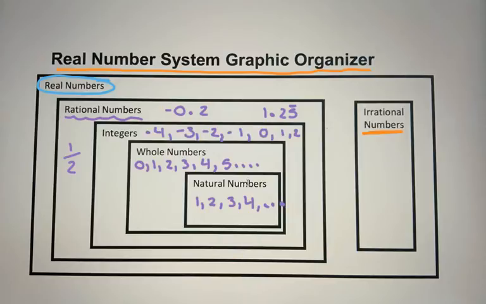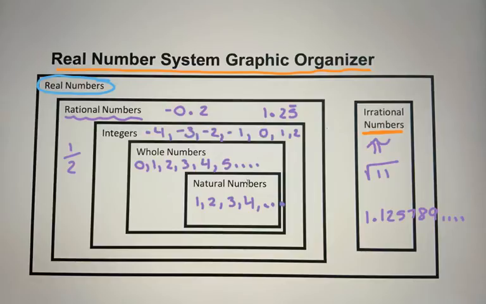Over under irrational, we have pi, non-perfect squares, so like the square root of 11, or decimals that just constantly go on. Okay. So that's what this is.